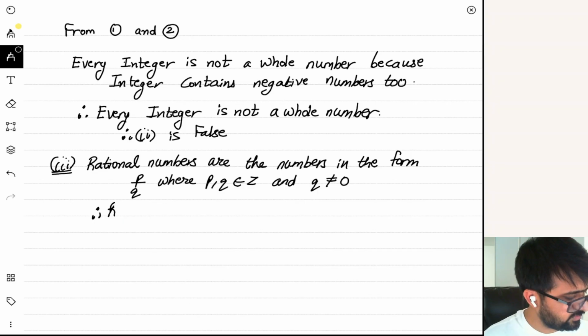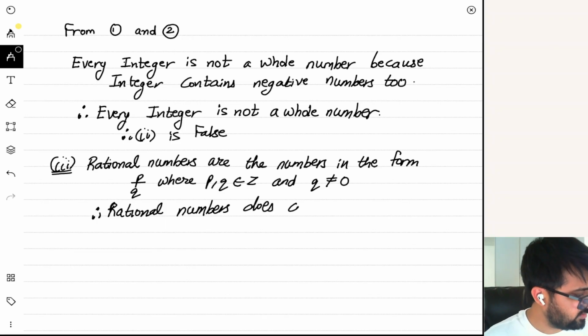Therefore, rational numbers do contain non-whole numbers too.